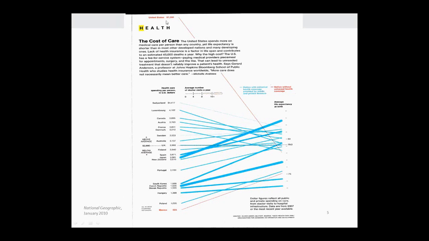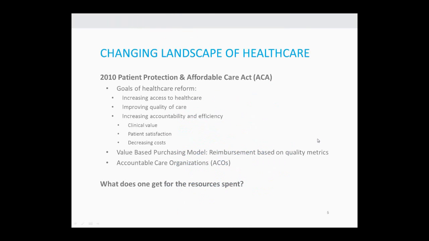On the red line is the United States. We pay the most for any patient, and yet our mortality rate remains only average, and actually less than many of the European countries. So this is not just health care in terms of medicine, but in terms of all aspects of health care as well. So what is going on then?